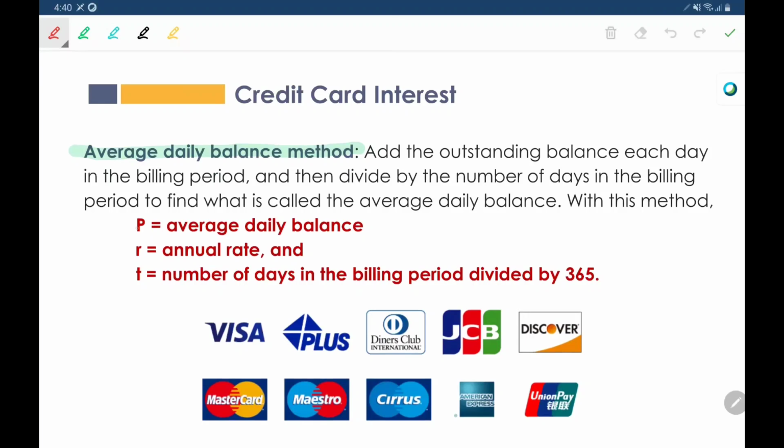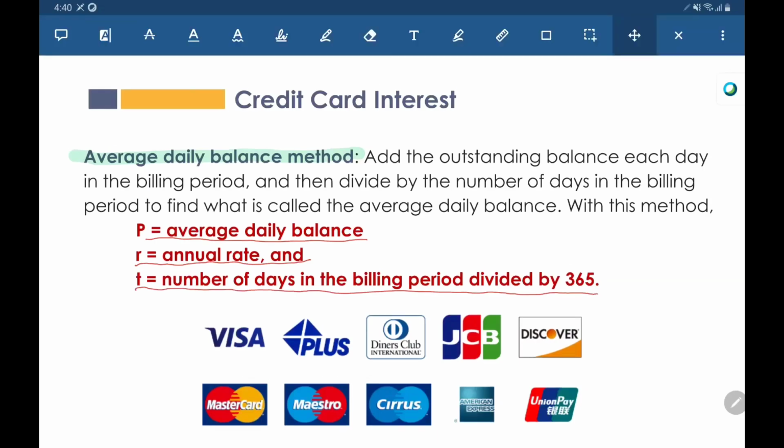So the principal is called the average daily balance, and R is the annual rate for that credit card. Each bank has a different annual rate. And T is the number of days in the billing period divided by 365.